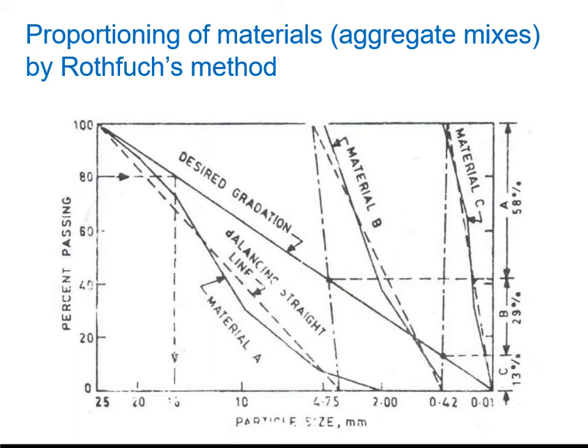So now on the chart, we have plotted the grain size distribution curves for the different materials A, B and C, which are locally procured, right?